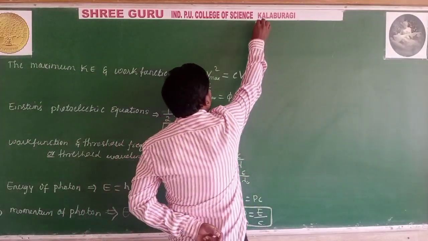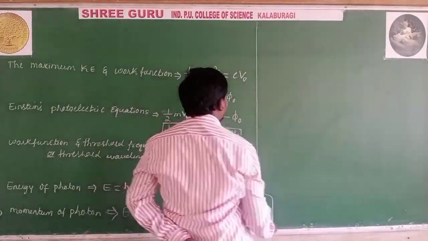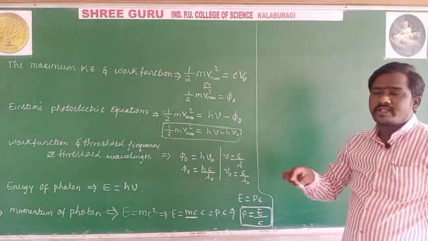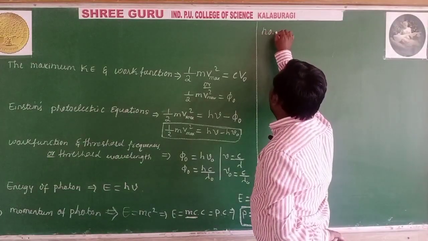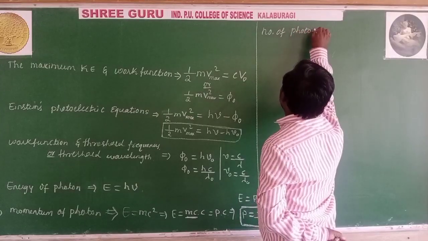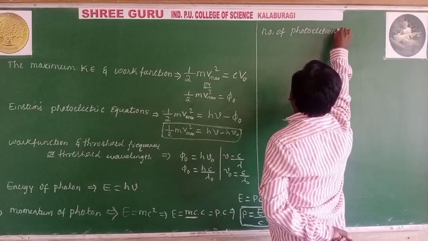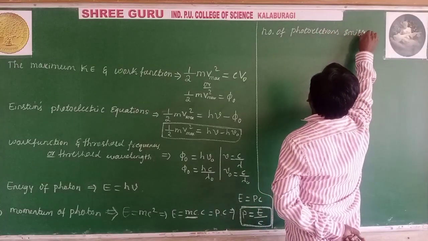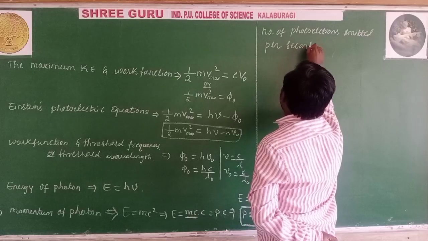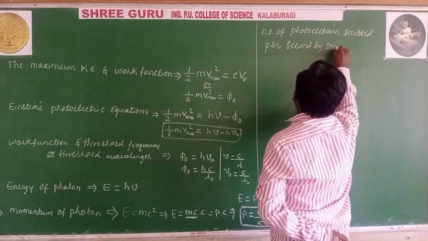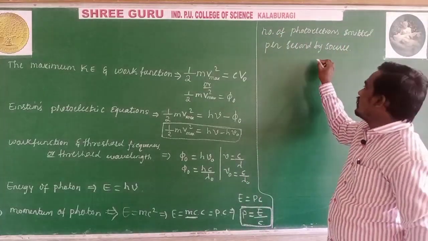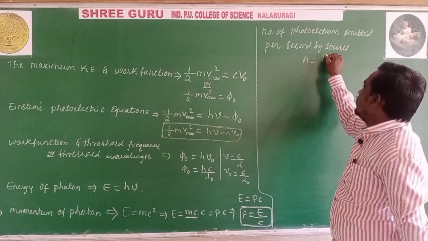And next we discussed the de Broglie wavelength, and if we are considering how many photons are acting per second, that is the number of photoelectrons emitted per second by the source.